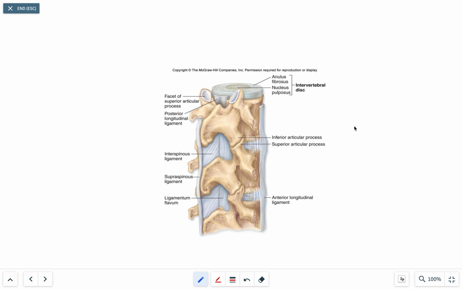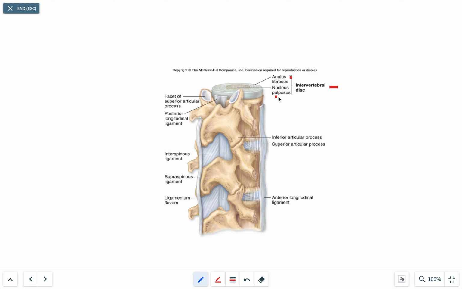So the first one we'll look at is going to be the intervertebral disc itself. It's composed of two different types of components. The first one is the annulus fibrosus, which is a concentric ring, a tough outer layer of fibrocartilage.